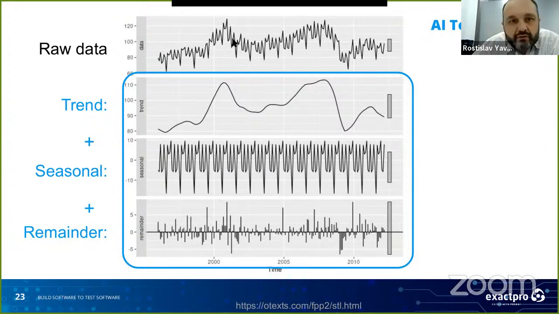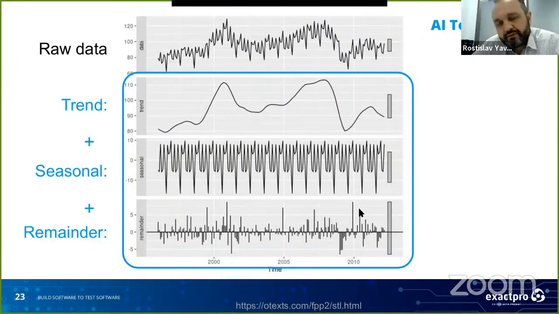So you don't need to look at points here, but instead you analyze the remainder in order to find your anomalies and outliers. So you see, like here and here, some real deviation from your trend and seasonal behavior. This could be a candidate for anomaly. This is another one, and this is another one, etc.